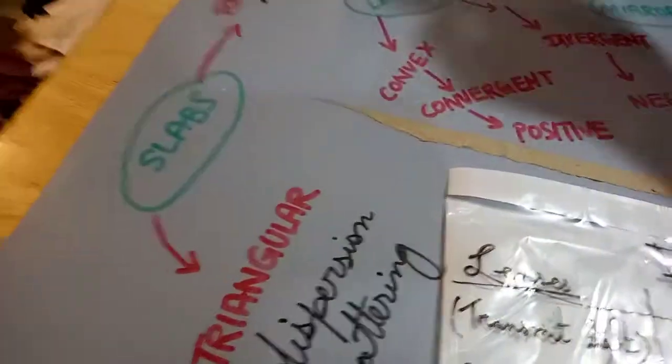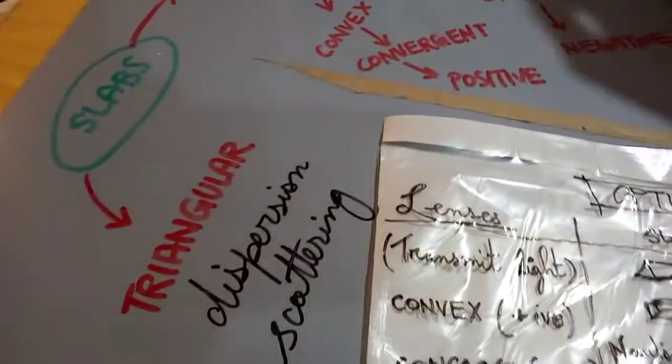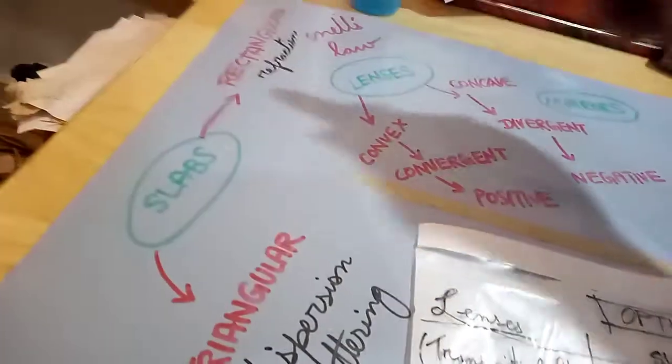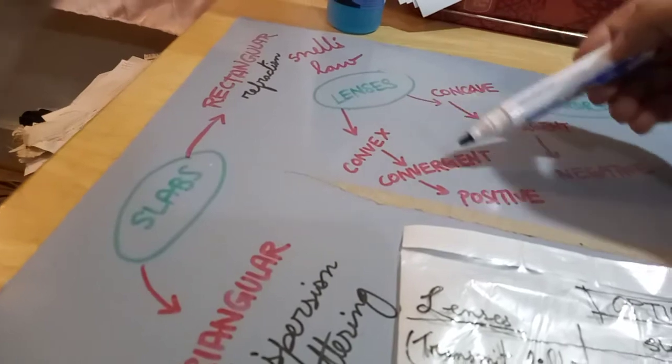So this is what we need to realize when talking about lenses, mirrors, and slabs. Lenses can be convex, convergent, and positive, and concave, divergent, and negative.